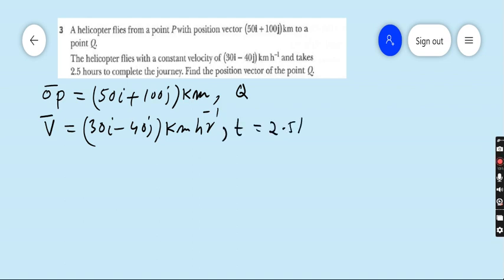So time is given as 2.5 hours, to complete the journey. Find the position vector of the point OQ.